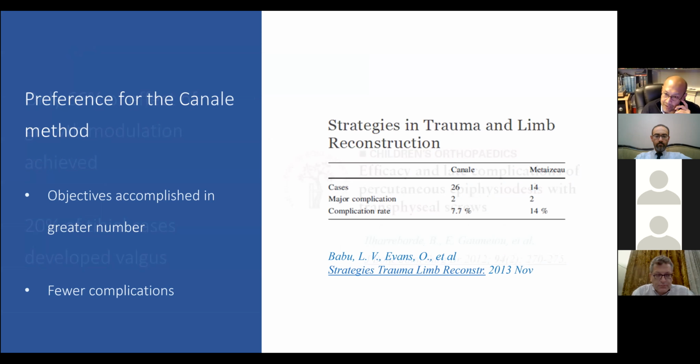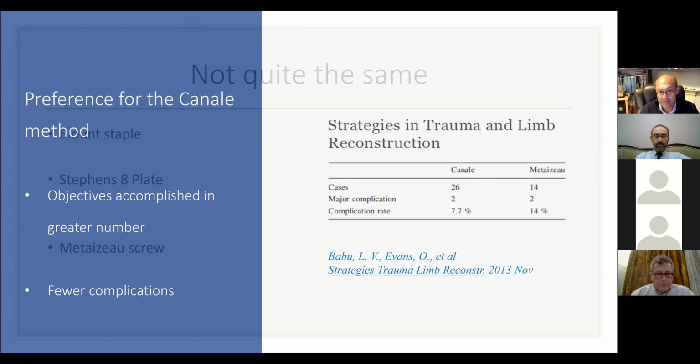Also, in a paper published in Strategies in Trauma and Limb Reconstruction from Sheffield, they found that in using either the Metizo method of percutaneous screws versus the Canale method of drilling through the physis and scraping out a track, they had fewer complications with the Canale method in comparison to the Metizo method.